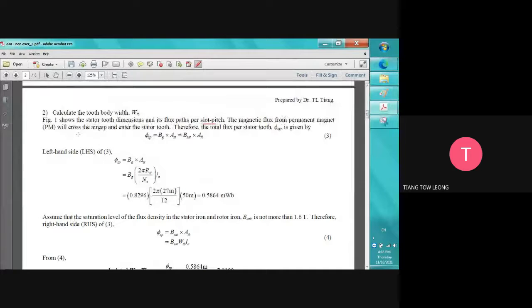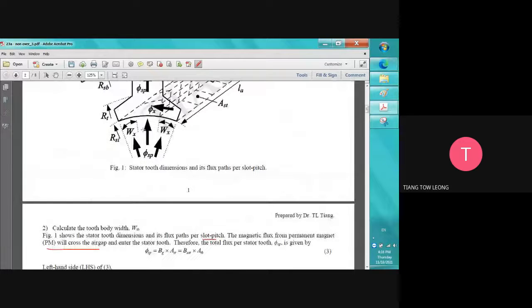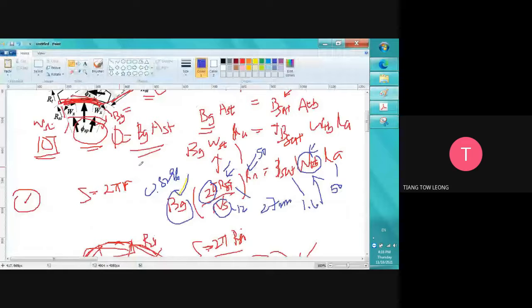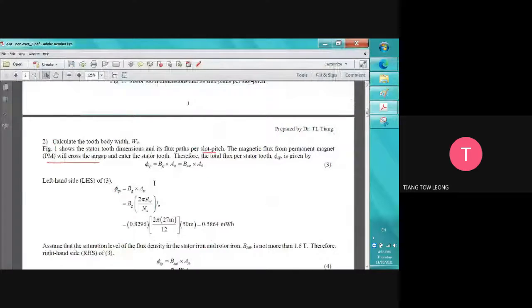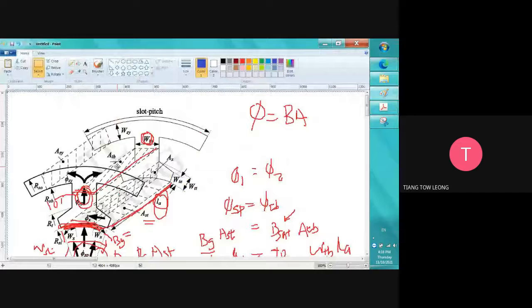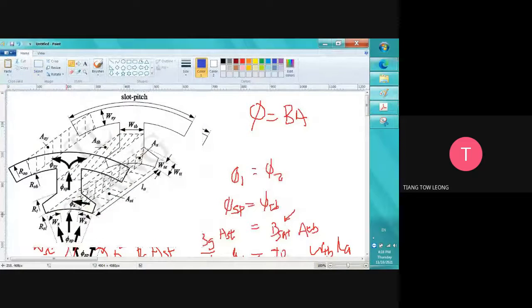The magnetic flux from the permanent magnet will cross the air gap and then go to the stator teeth.